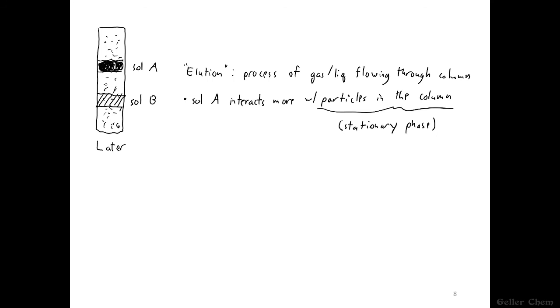That's why it's further behind in the column. For reasons we won't concern ourselves with right now, these chemicals interact with the particles more than these chemicals, and thus they are slowed down by the column more than B, and that's what allows this chemical to get ahead and separate from these chemicals here. Chromatography is ultimately a separation technique, which we'll see later in this unit makes it a very powerful technique for analytical chemistry. But right now we're sticking with fundamentals.